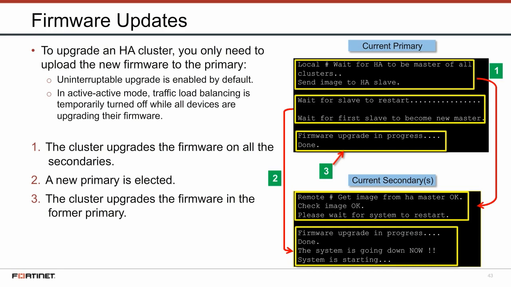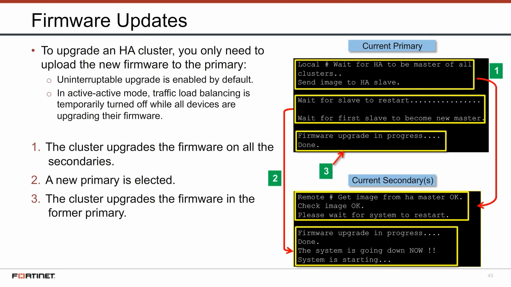As with a standalone device, when upgrading an HA cluster, each updating FortiGate device must reboot. As the uninterruptible upgrade is enabled by default, the cluster upgrades the secondary FortiGates first. Once all the secondary FortiGates are running the new firmware, a new primary is elected and the firmware in the original primary device is upgraded.